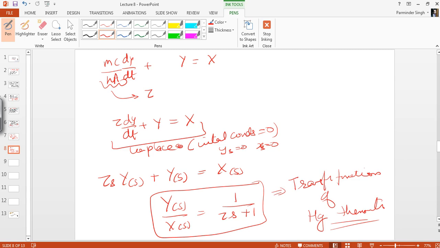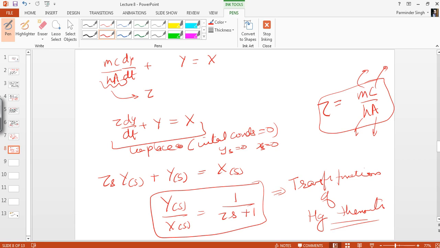It can be for any given thermometer, and where tau is nothing but mc by HA. It depends upon the mass in the bulb, the specific heat of the fluid which has been taken, obviously the specific heat of mercury, specific heat of CCl4, specific heat of any ethanol, alcohol. It's different. H is the heat transfer coefficient, and A is the heat transfer area.